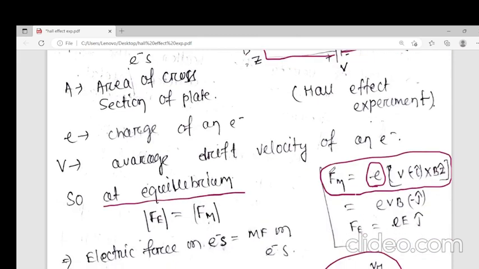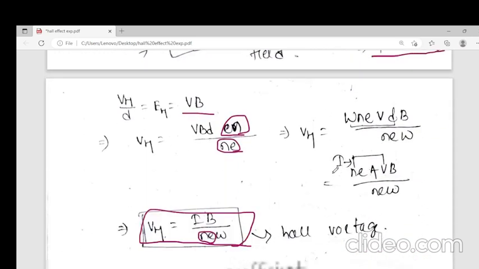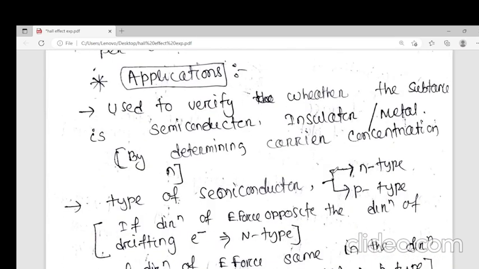So now we have to see what is the application of the Hall voltage or Hall effect. Its application is, whether the substance is a semiconductor or insulator or metal, we can determine by using this experiment.